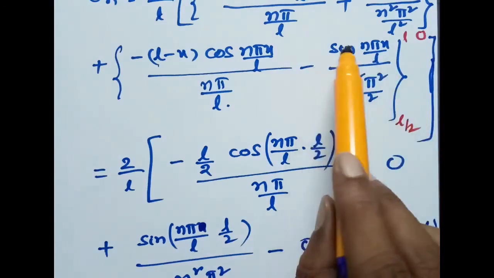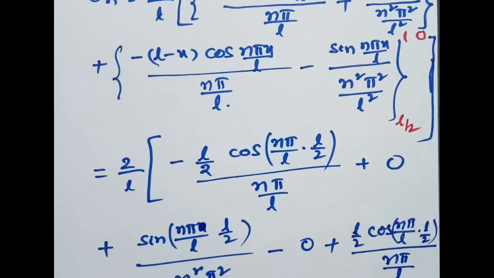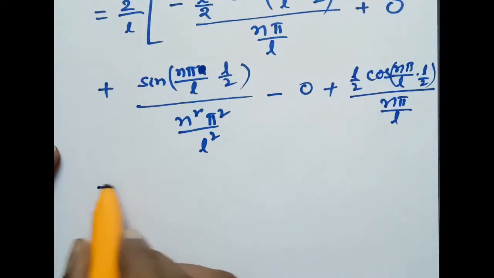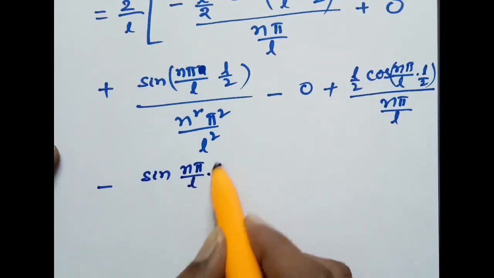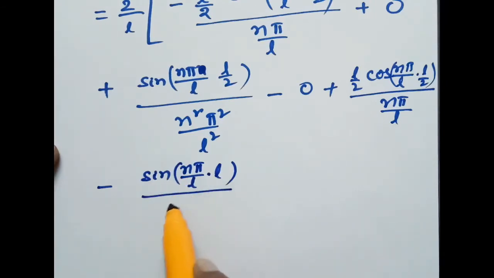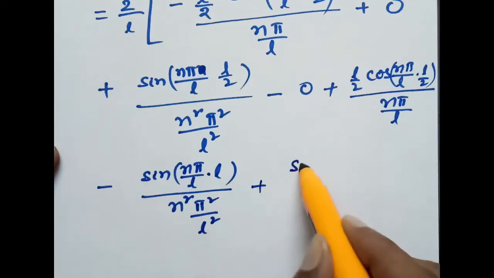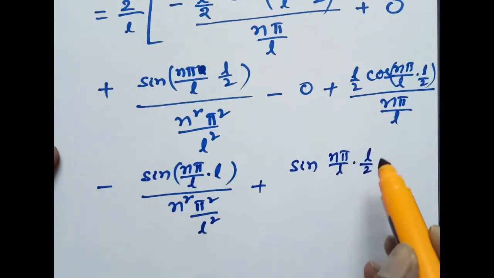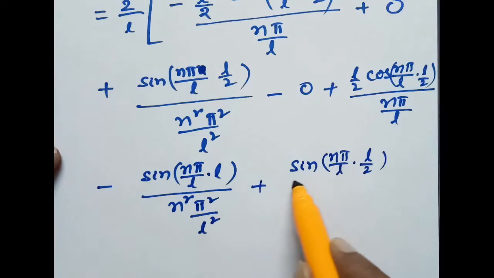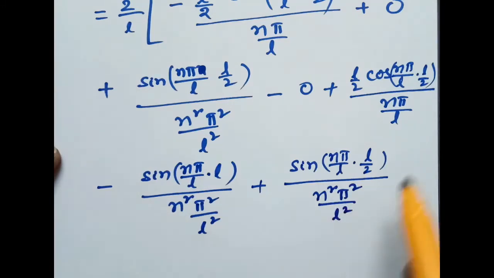Lower limit minus of minus plus sin(n pi by L into L by 2) by (n square pi square by L square), minus sin(n pi by L into L) by (n square pi square by L square), minus of minus plus sin(n pi by L into L by 2) by (n square pi square by L square).